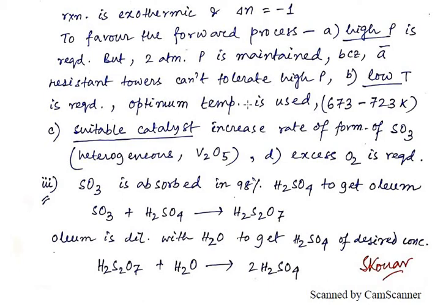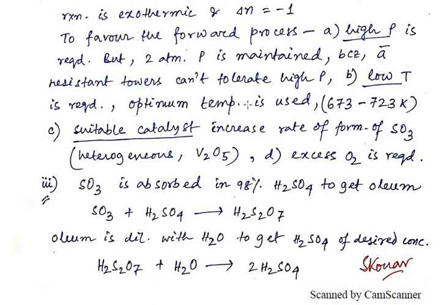And the last step is that the SO3 is absorbed in 98% H2SO4 to get the oleum, that is H2S2O7, and the oleum is diluted with water to get H2SO4 of desired concentration.